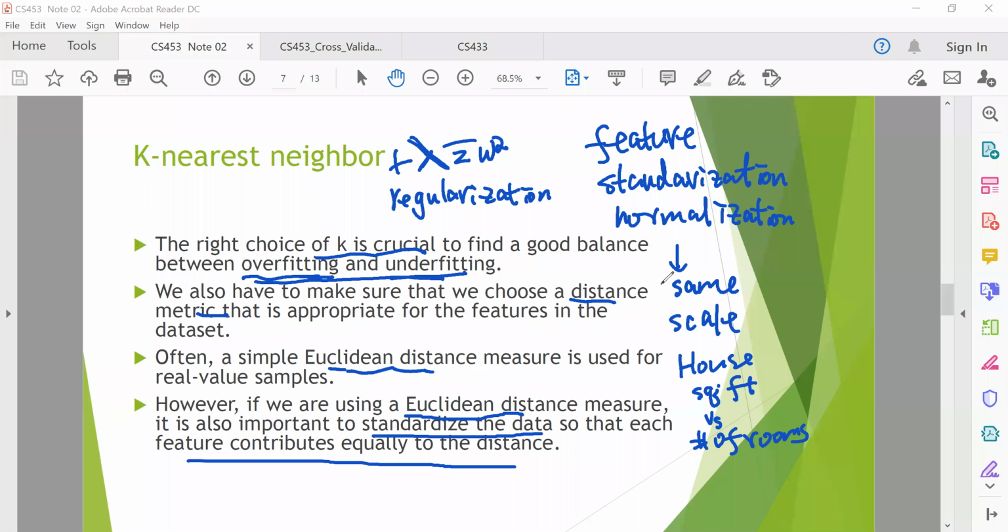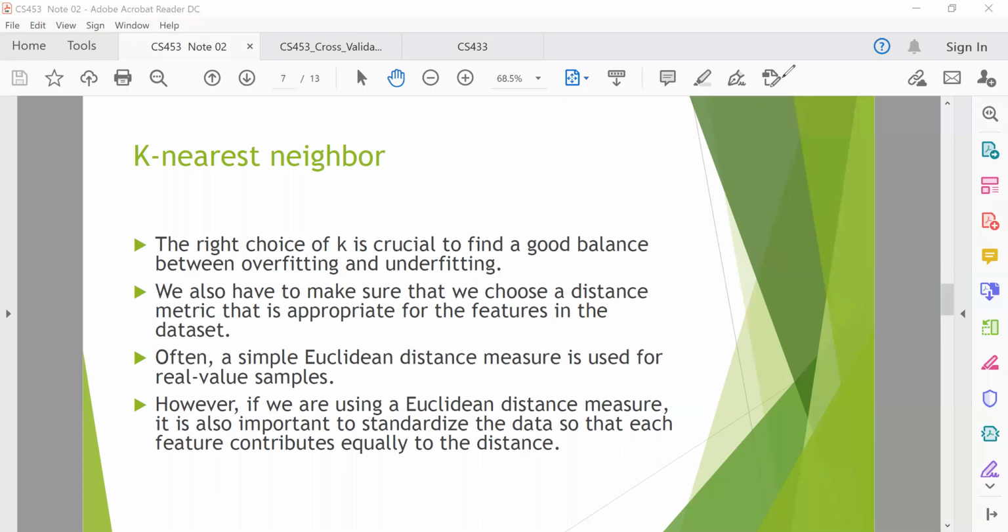But if you bring all the data to the same scale, it will work more efficiently. That's why over here, because you're going to use a distance metric, you similarly need to standardize and scale the data. Okay, so this is just some side notes.